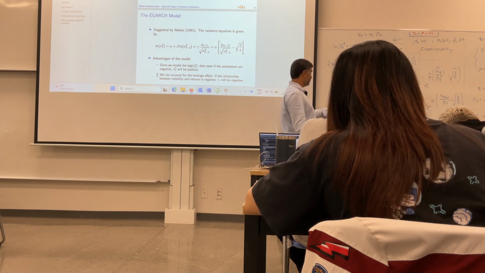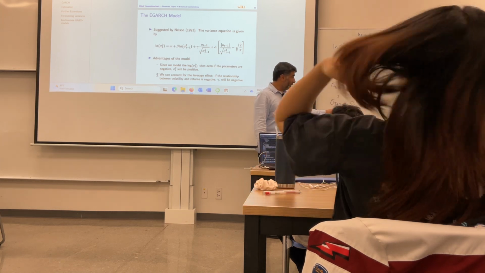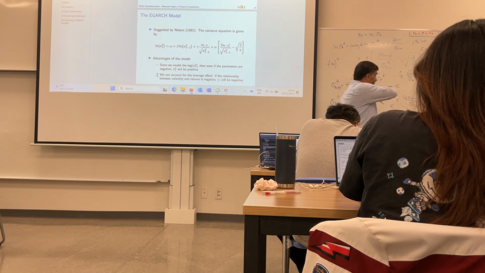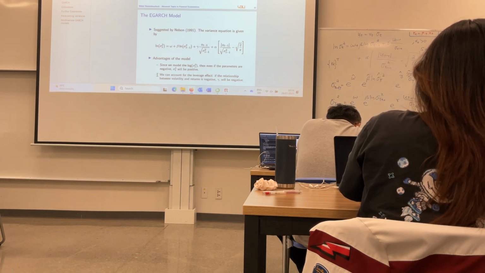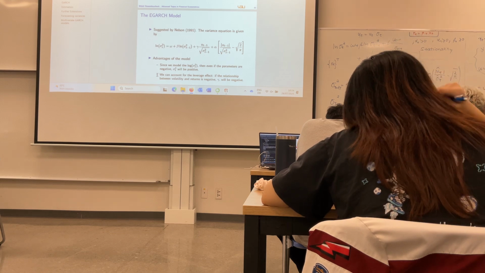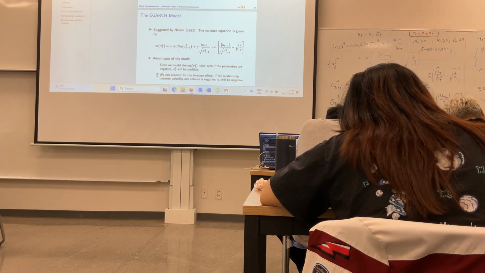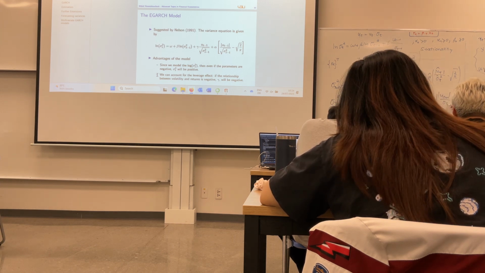If I want this, then I have to take an expected value. So expected value of both sides. Once I have an expected absolute value of the u t plus 1.